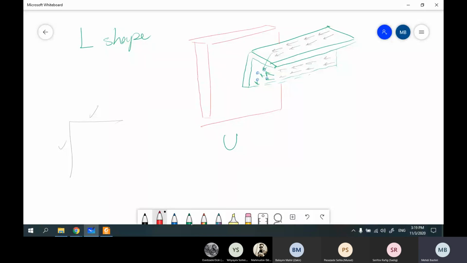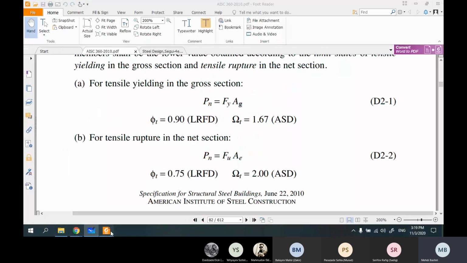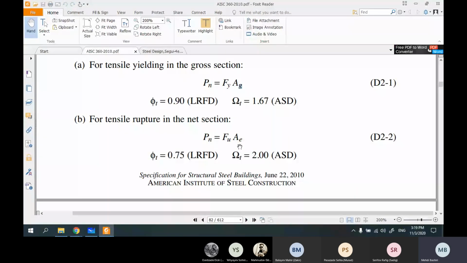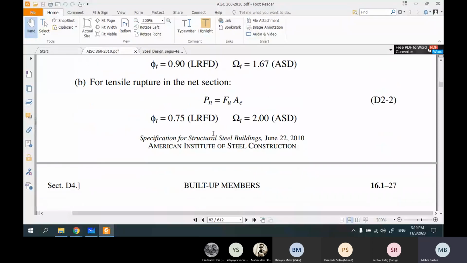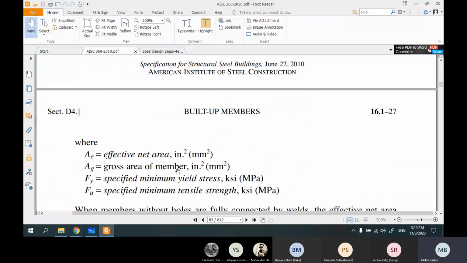By what? By using U. U dot AN gives you AE. So if you see the book here, you can see that we are not using AN. We use AE, or effective. I explained it before. You can see effective net area.